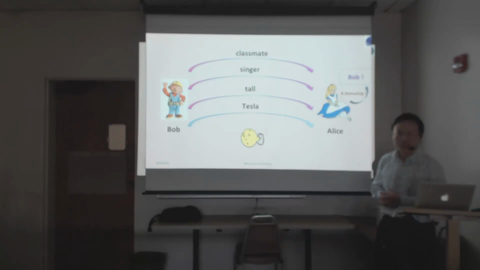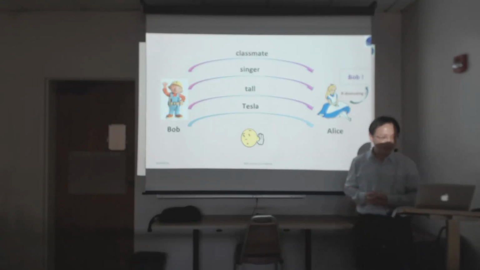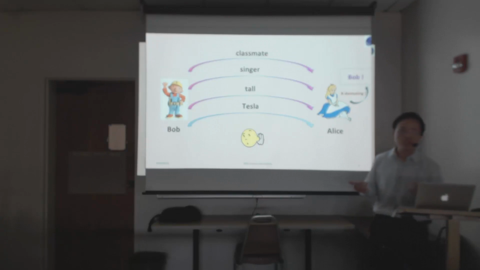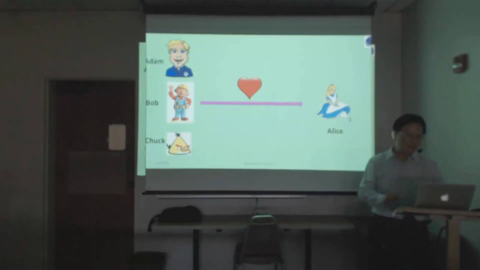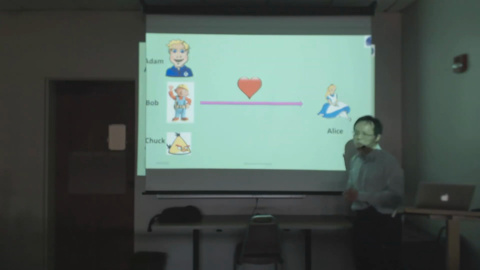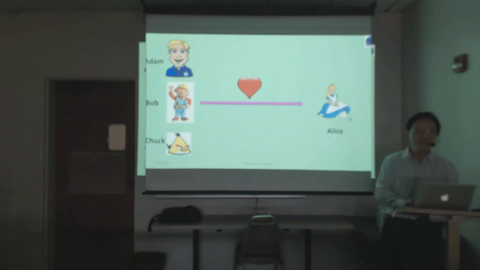So if a bystander intercepts the messages he sent to Alice, the bystander could not comprehend any one of them, because each one is just ambiguous. And that's the principle of K-muxing and K-demuxing, how these principles can be put into practice. And okay, so any question so far?